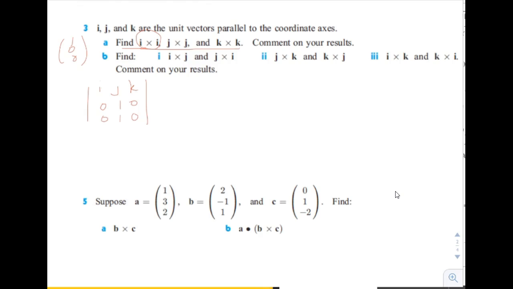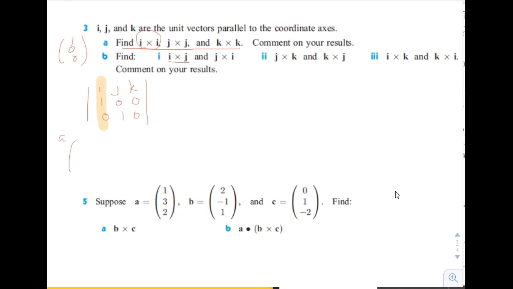Next step, we are going to find I cross J, okay? I cross J would be I, which is 1, 0, 0, cross J, which is 0, 1, 0. Now, when you do this one, you might have some determinants which are not 0, so let's find them. The I component, this determinant would be 0, right? So the I component is 0.